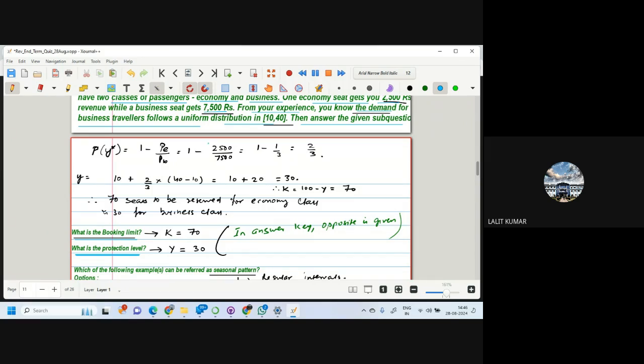And how do you find the answer? Simple formula. You find P(y*) is equal to 1 minus Pe by Pb, where Pe is the economy revenue and Pb is the business revenue. So P(y*) becomes 1 minus 2,500 divided by 7,500, which becomes 2 by 3. You straight away put this in the uniform distribution. This is like your critical ratio, which we used in the newspaper model.